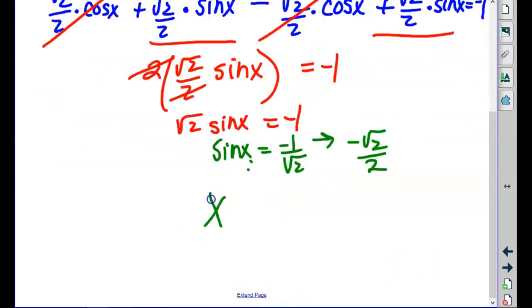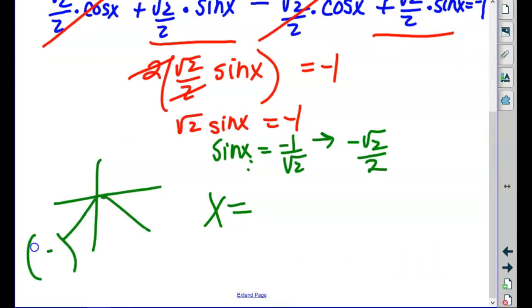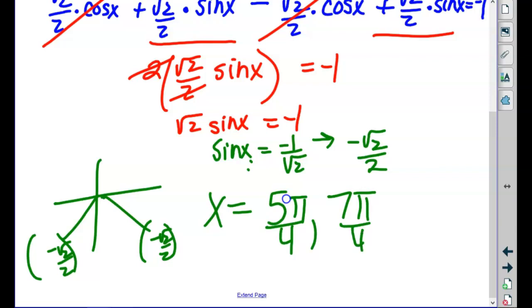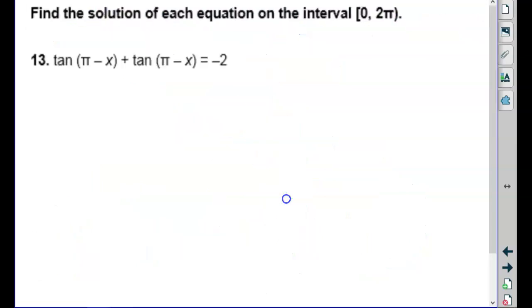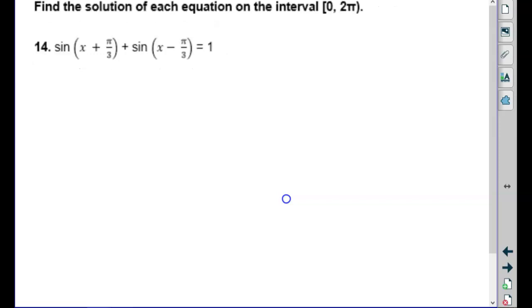Okay, so x equals, I'm thinking here, negative square root of 2 over 2, and here, which would be 5 pi over 4 and 7 pi over 4. After all that craziness? Is this where you want me to say there might not be one of those on the quiz either? Maybe. Tiny bit. Okay. Yeah, we're not doing that one.